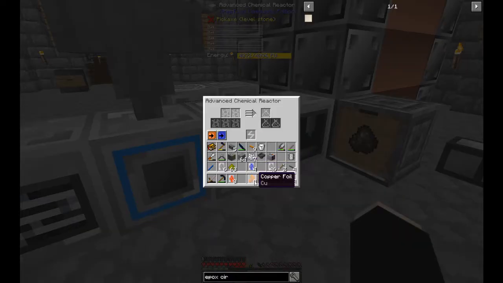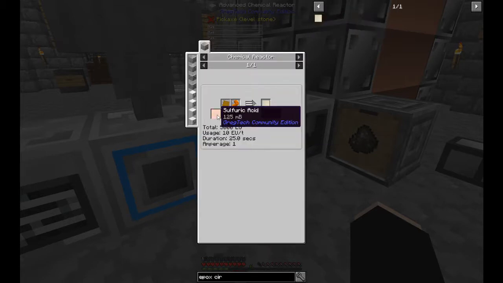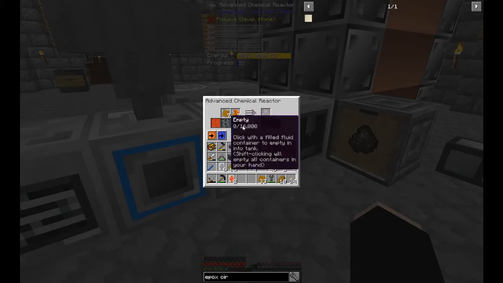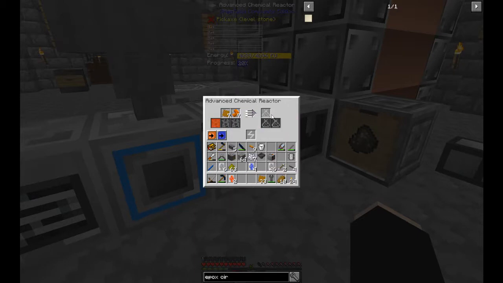Anyway, 8 of these and 8 of these should be 1 bucket of sulfuric acid. Right, now these are flasks, but I'm guessing it's gonna throw out items anyway. It's done items before, right?